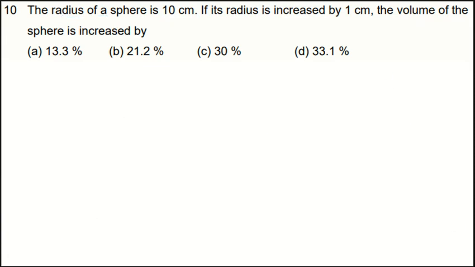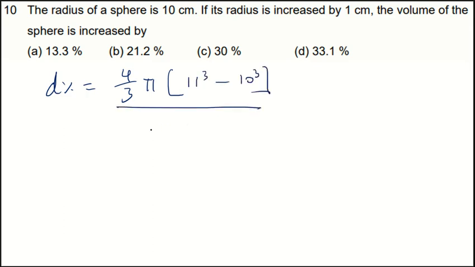Now, the difference percentage is 4 by 3 pi common. So, 11 cube minus 10 cube upon 4 by 3 pi, the volume of initial is 10 cube, into 100 percent symbol.